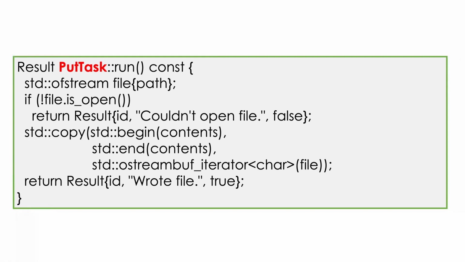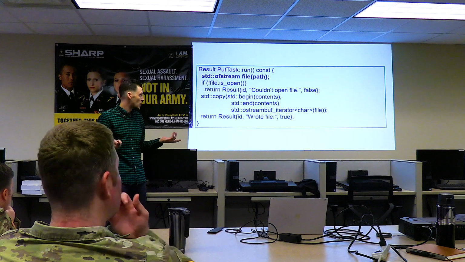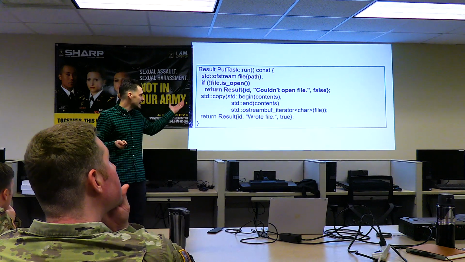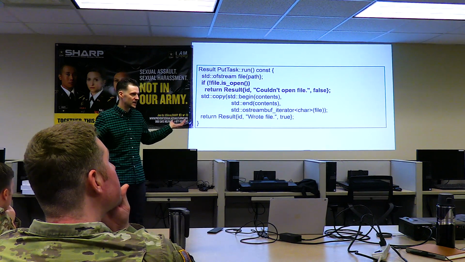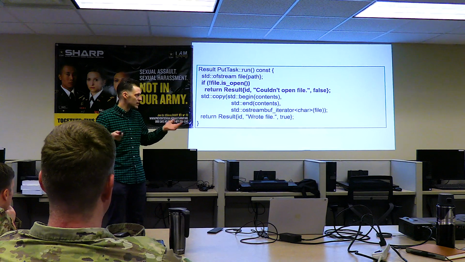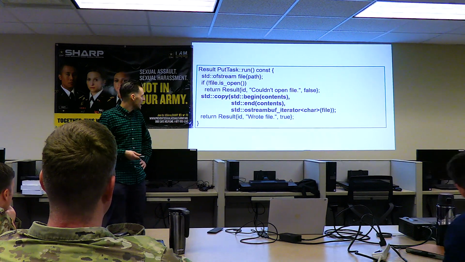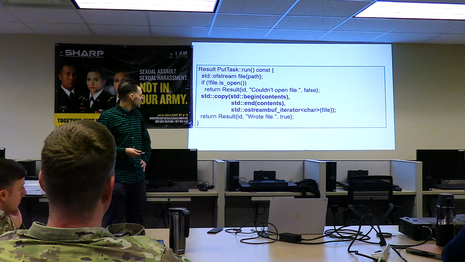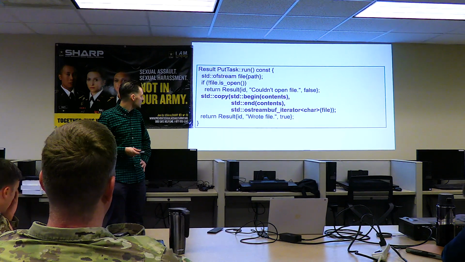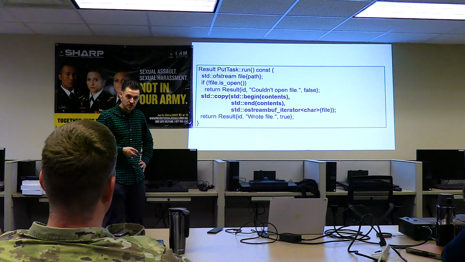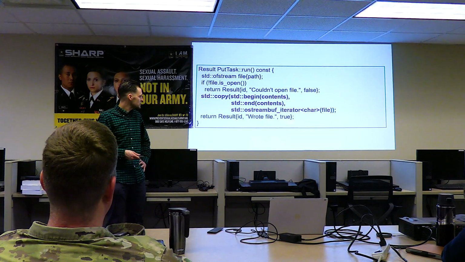Put task is very similar, except instead of an ifstream, we're going to use an ofstream. Again, check if it's open. We anticipate this. We may have permission issues or whatever, so we'll handle it with error checking. And here's how we can copy our contents, which is a string member, into the file.